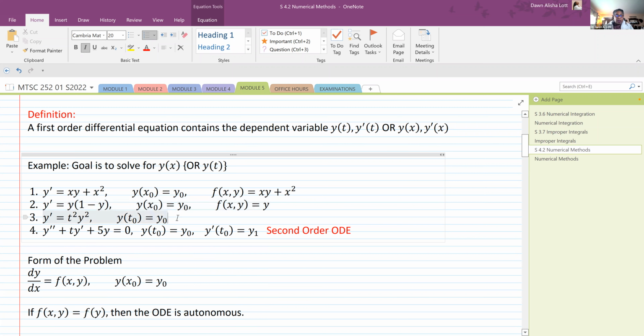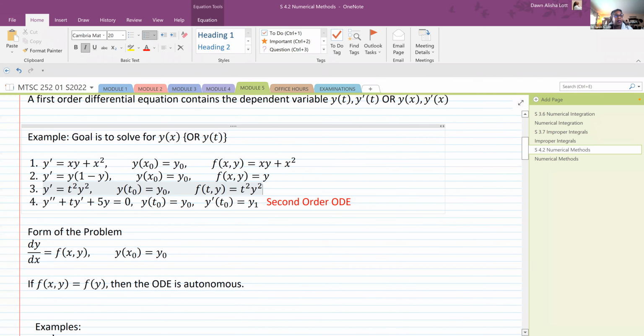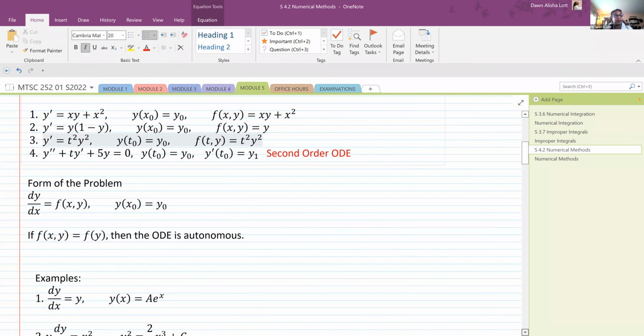For this one, f of t, y is t squared y squared. And of course, the last is a second order differential equation, so we're not going to talk about it. So this is the form of our problem, which are first order ordinary differential equations.